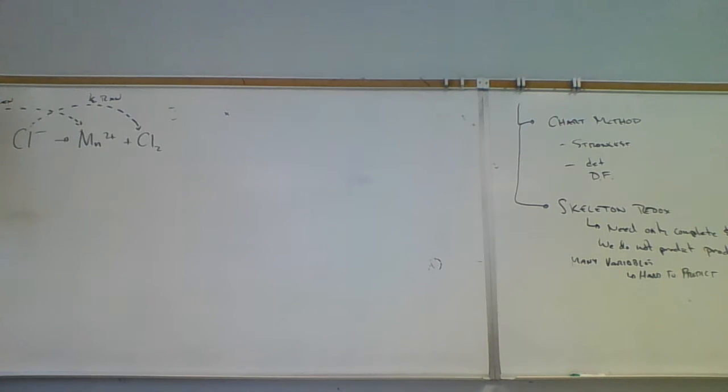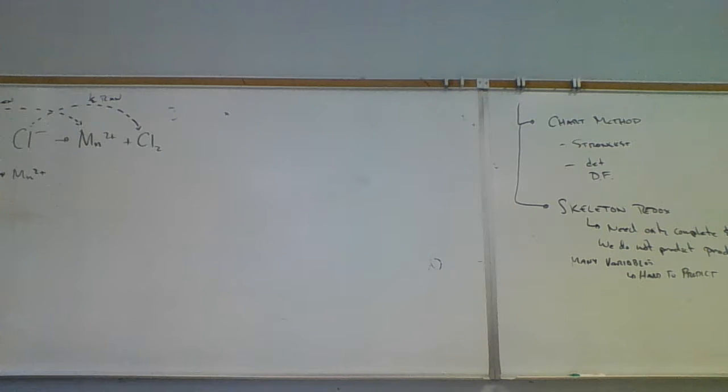But I'm going to divide it into half reactions first because this is the method that we use to determine all the other details or all the other things that are happening. And so we'll take our permanganate here and go to manganese 2 plus. That had to happen. But this is not balanced, so this is one half reaction.